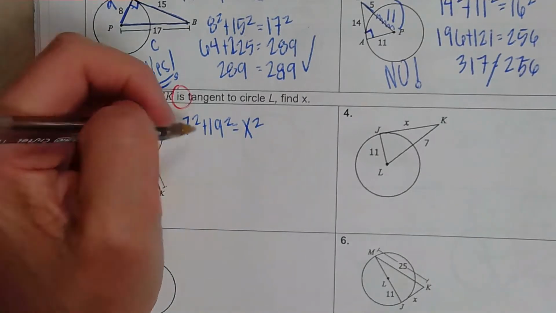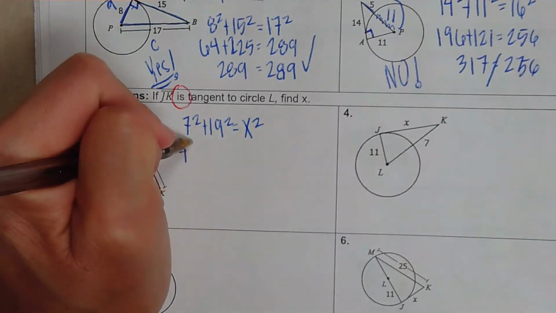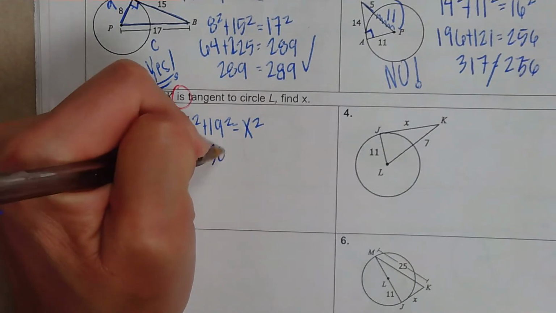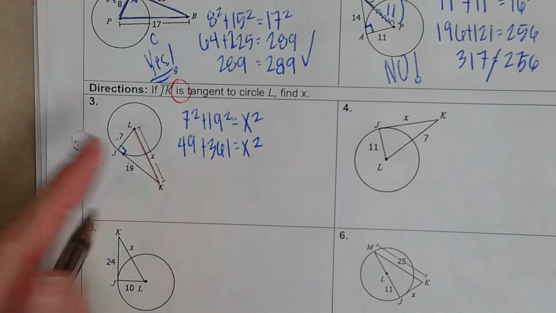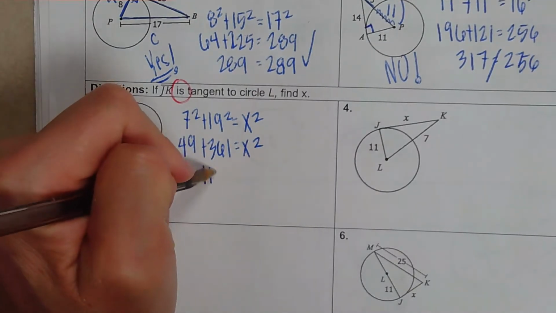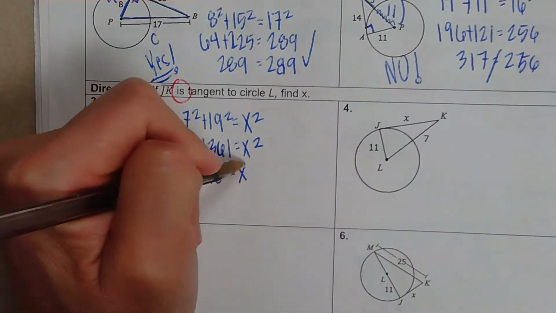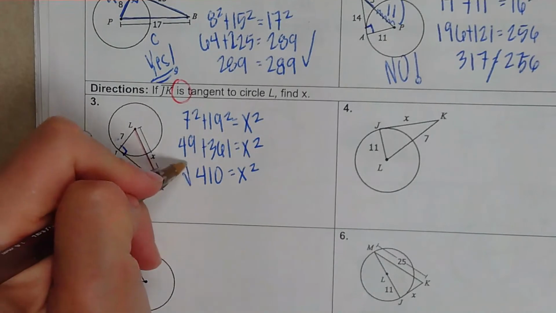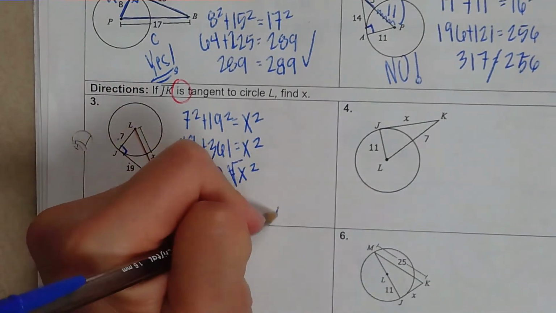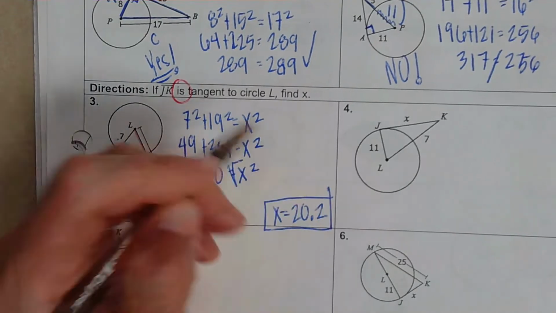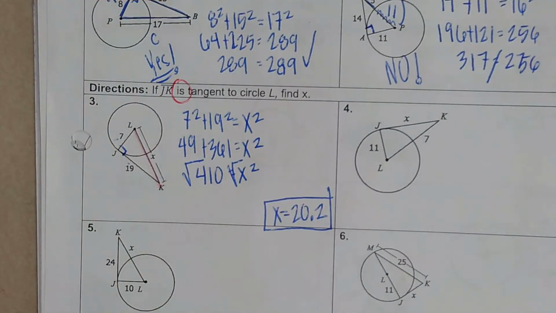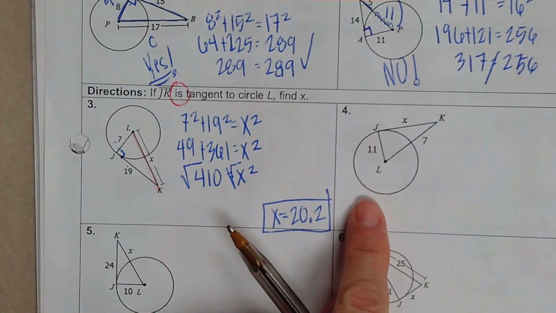Well, this would be 49 plus 361 equals x squared. Well, 49 and 361 are 410. And then, of course, I take my square root and my square root. And x is equal to 20.2. Bada bing, bada boom.